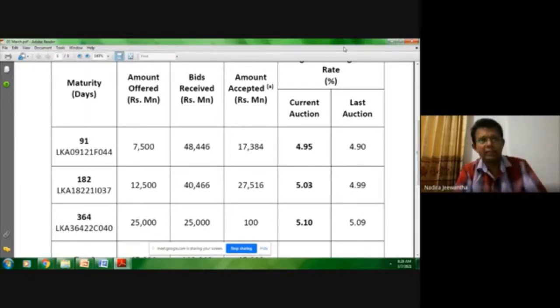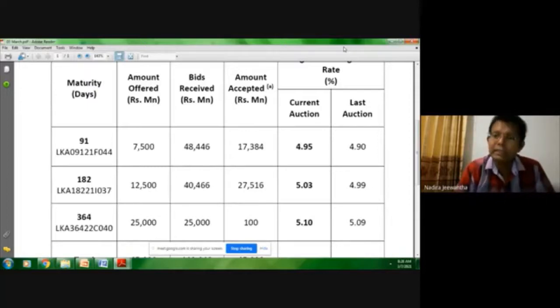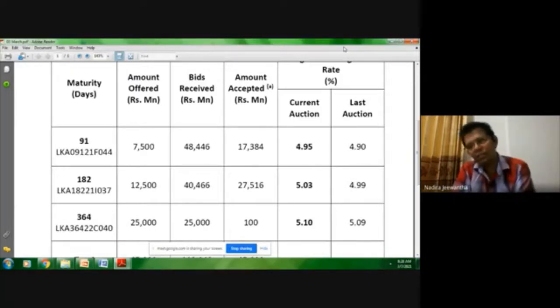Now the 1 year treasury bill rate has also started to increase, giving a signal that there is a tendency for interest rates to increase. But in the meantime, the policy rate has not been changed. SDF and SLF remain as they are.